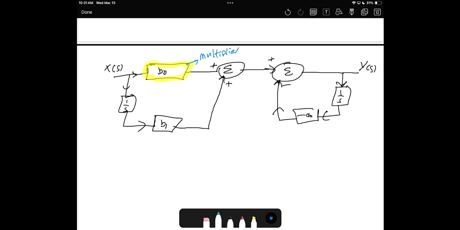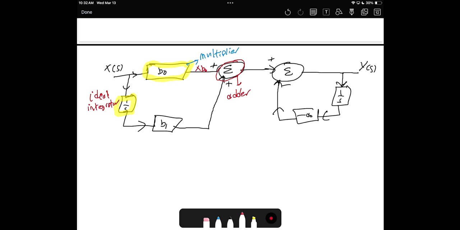So since here x, it will be like x times b. And whenever we have this box, it is a multiplier as well, but keep in mind, this is considered an ideal integrator. 1 over s is the ideal integrator. Then here, this is called an adder, which is a summer to make the sum of these segments.